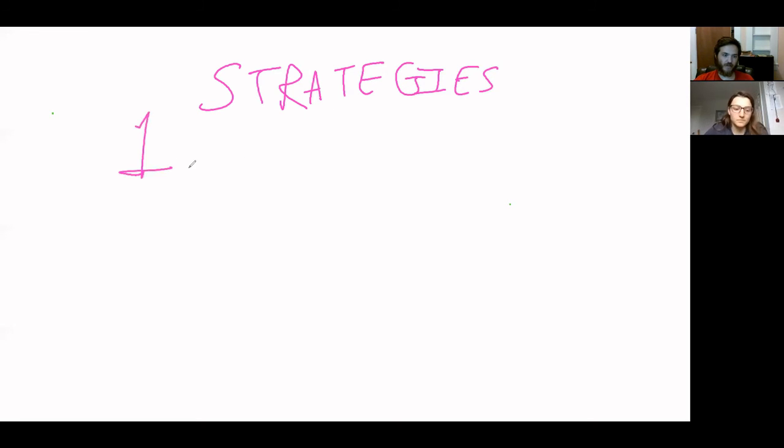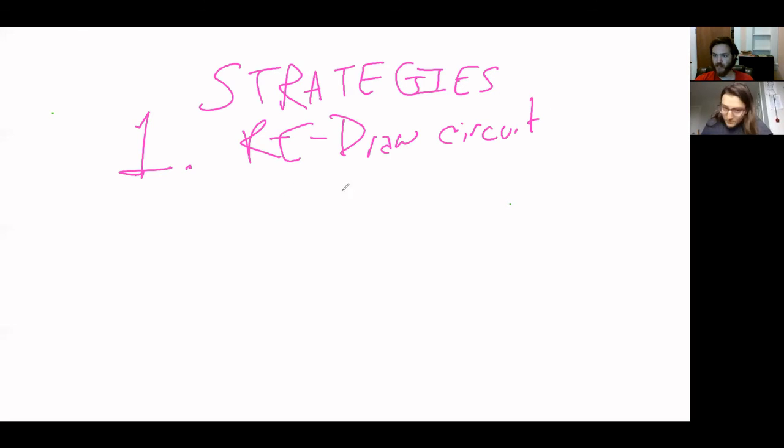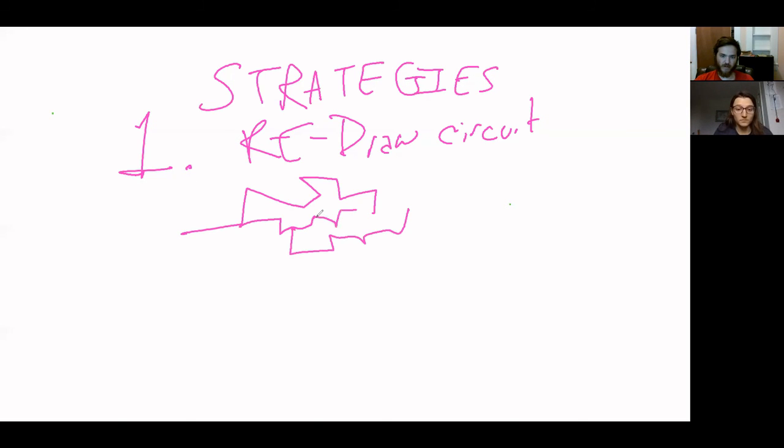One, redraw the circuit. I always redraw my circuits so that they are facing essentially the same direction, and I see them like a tree branch. So if I have something like this, this is a mess, right?